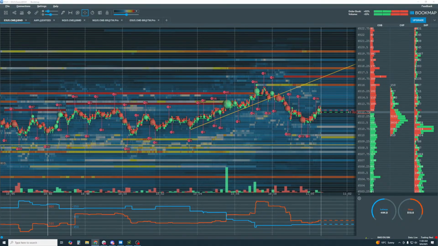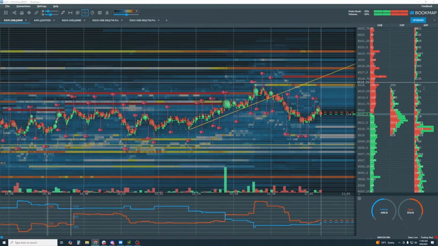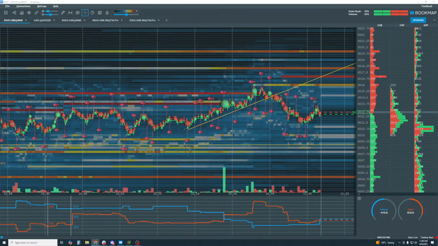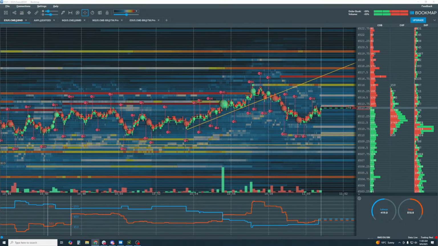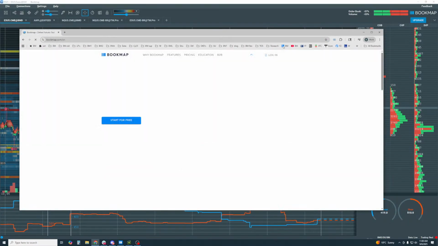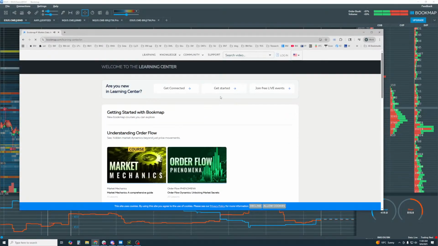What moves the market is a serious question. No, it's not. It's really mechanical and simple. Let me show you here, and I'll just very simply show you. Go to bookmap.com, then click on education here.